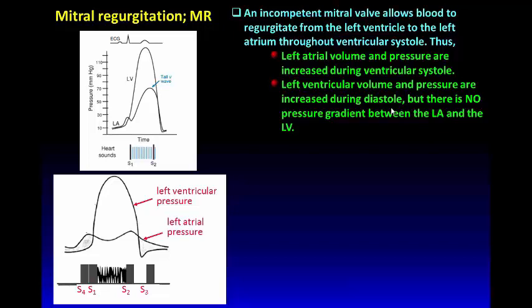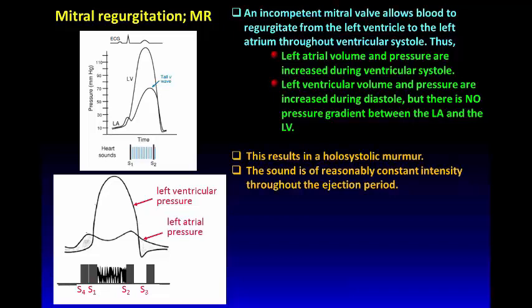So now, during ventricular systole, blood regurgitates from the left ventricle into the left atrium, and this regurgitant blood is added to the blood which is already accumulated in the left atrium. So during subsequent left ventricular diastole, the left ventricular volume and pressures are increased. However, there is no pressure gradient between the left atrium and the left ventricle.